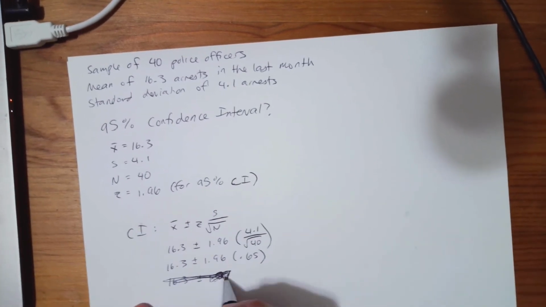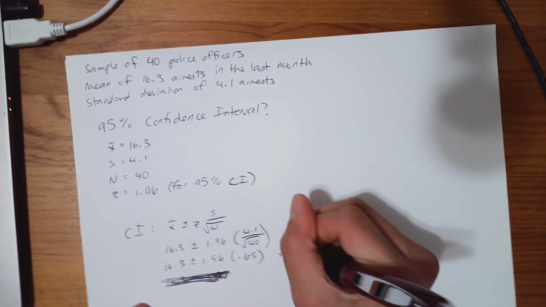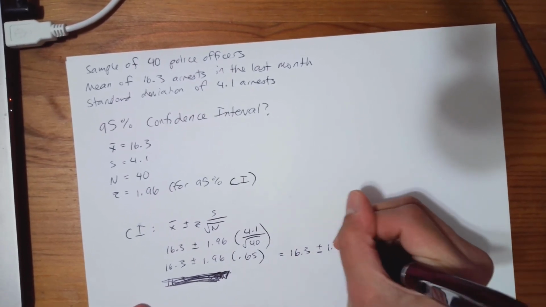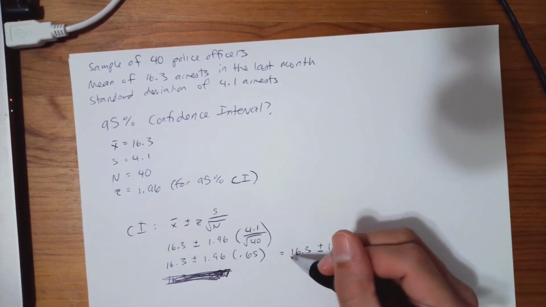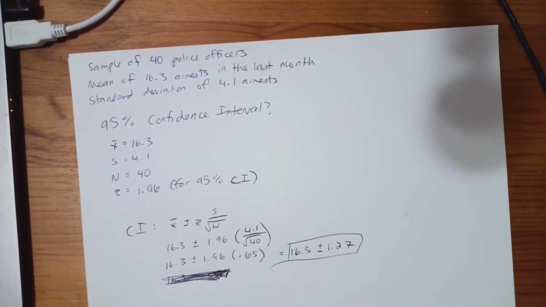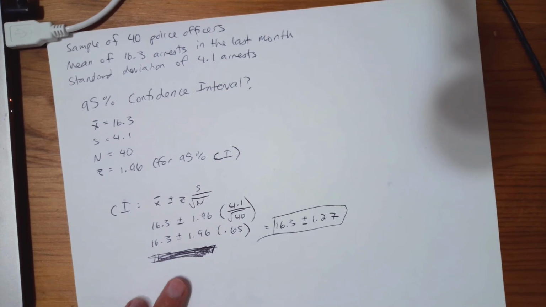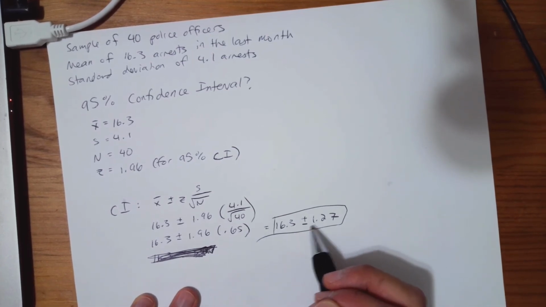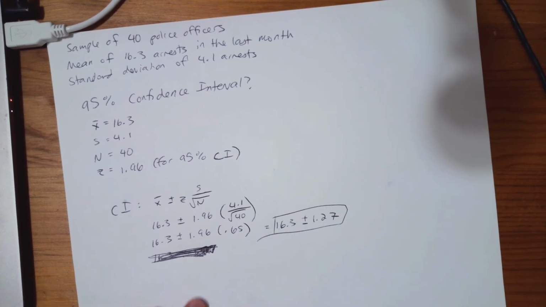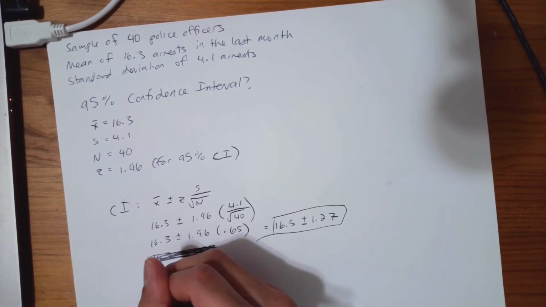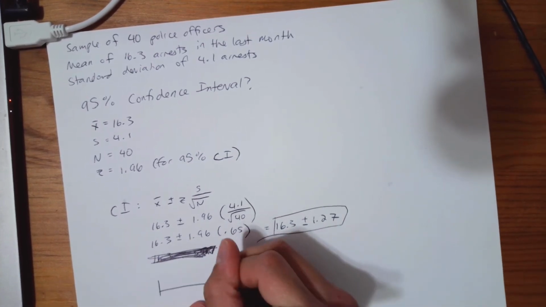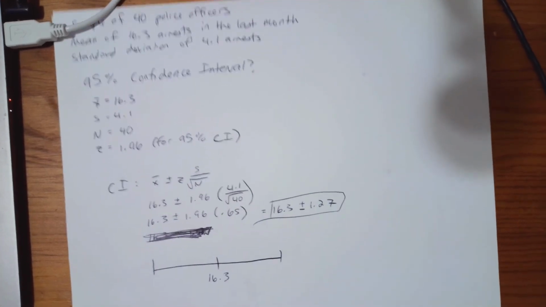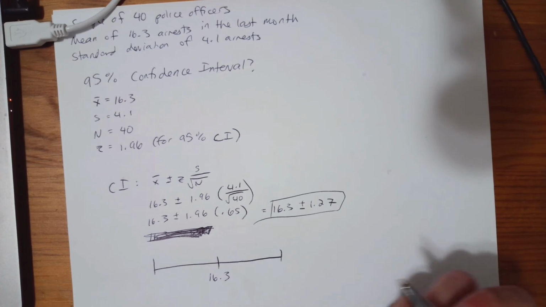Gonna write this in a whole new line. Comes out to 16.3 plus or minus 1.27. So here is your answer, but again, I'm going to ask you that you write it in interval form. So we're going to actually add and subtract 1.27 from 16.3 on either side. So we want to find what's the buffer around this point estimate of 16.3 that likely includes the true population mean.